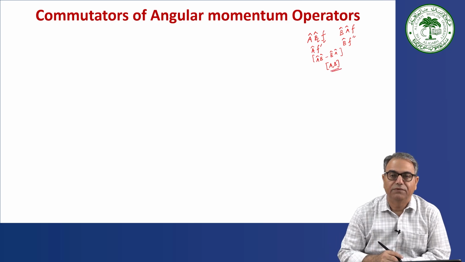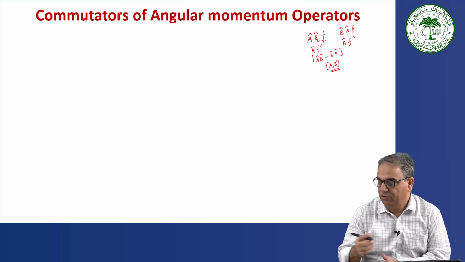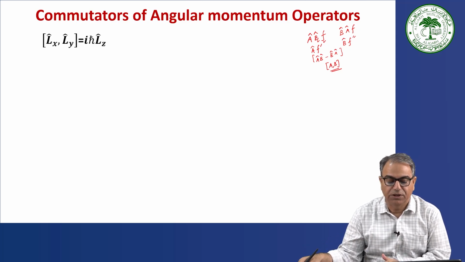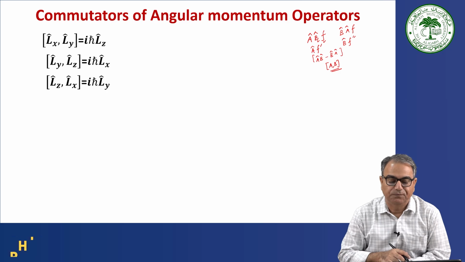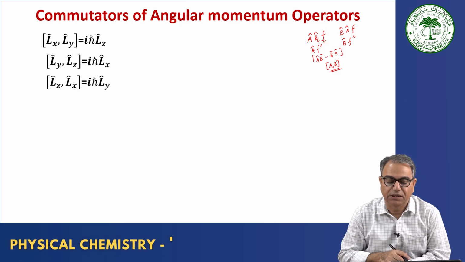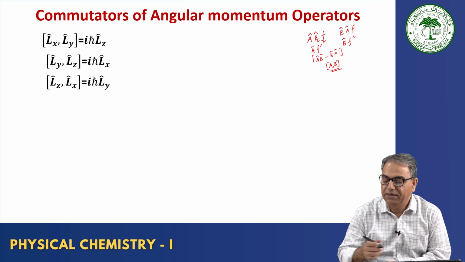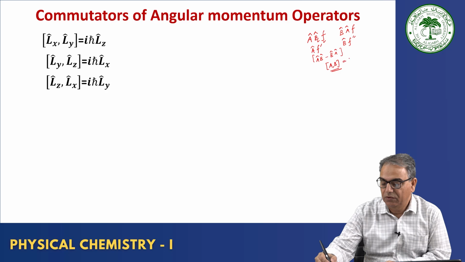With respect to angular momentum, these commutator relationships are very important. In this module, we will be talking about the commutators of Lx and Ly, Ly and Lz, and Lz and Lx. [Lx, Ly] is equal to i h cross Lz, [Ly, Lz] is i h cross Lx, and [Lz, Lx] is i h cross Ly. When the commutator value is equal to 0, we say the A operator and B operator commute with each other.